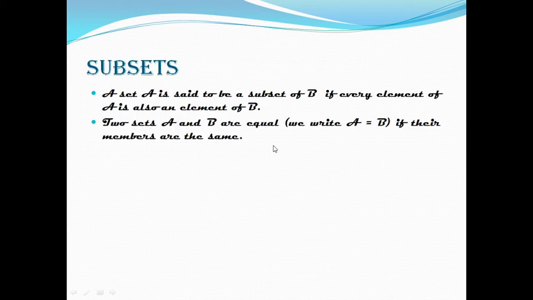Okay, next one is the subset. What do you mean by the subset? Before going into the theory, I will explain: A is equal to the set 1, 2, and B is equal to the set 1, 2, 3. Then A can be a subset of B. What does it mean?